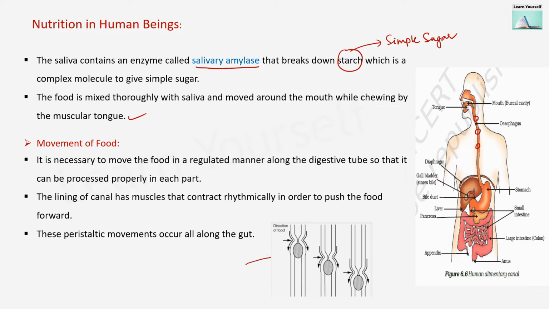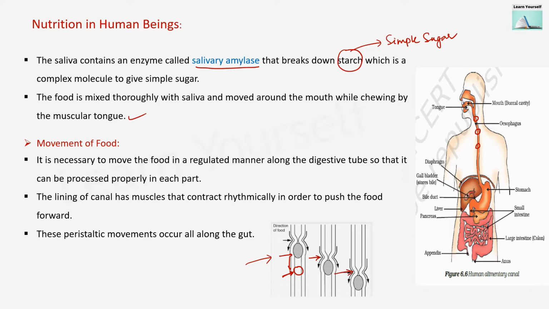Via this peristaltic movement. Now what is this peristaltic movement? As you can see here, the contraction is happening here while the food is here. Once the food goes down, the contraction will happen here. As you can see, the contraction will happen here. Now the food is here. After this, in the next step, the contraction will happen here and the food will go forward, and this is known as peristaltic movement.